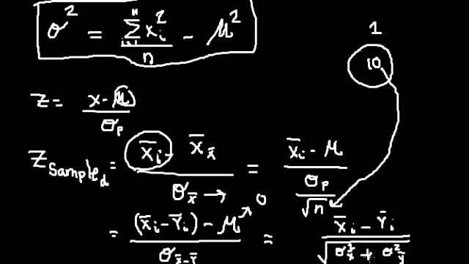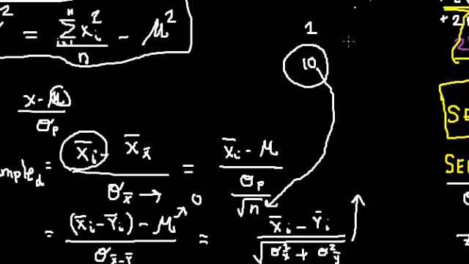So if we want to relate it to the population, then the bottom becomes, let's put the square root here so it's quite clear, a large square root.